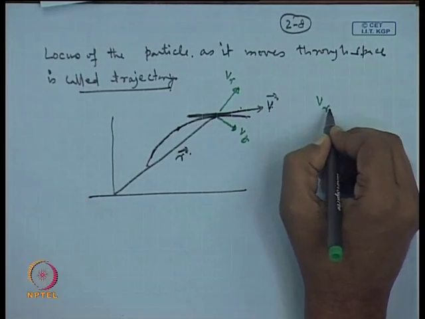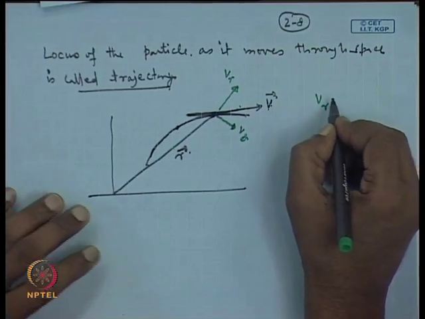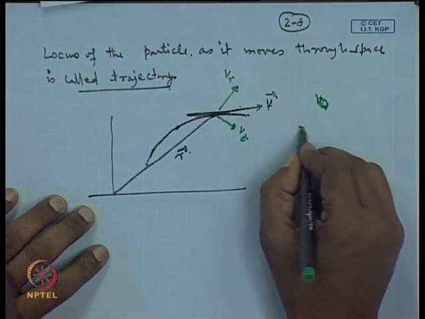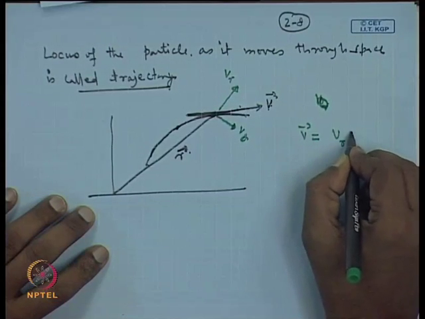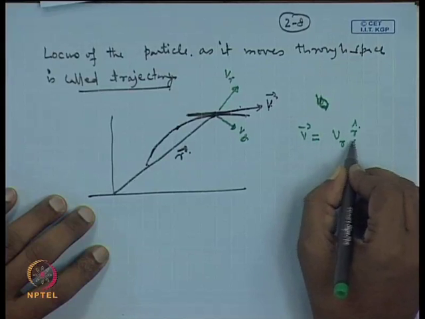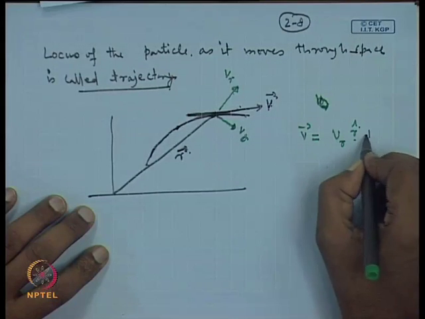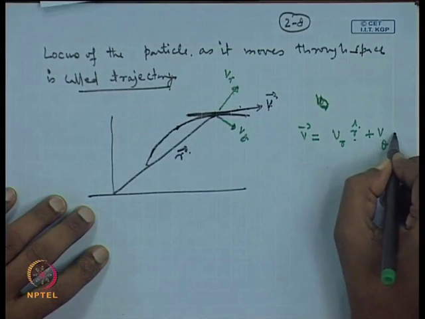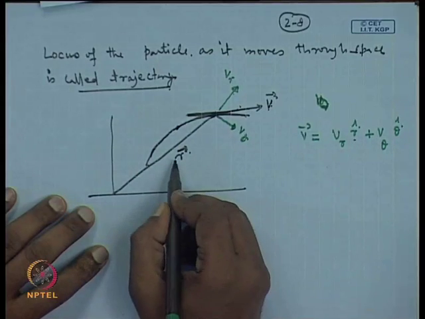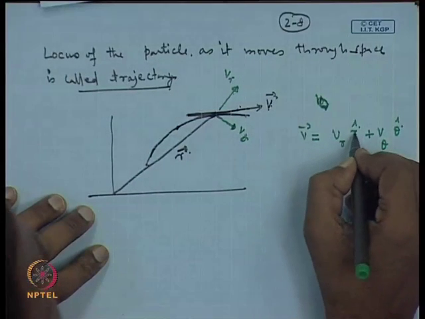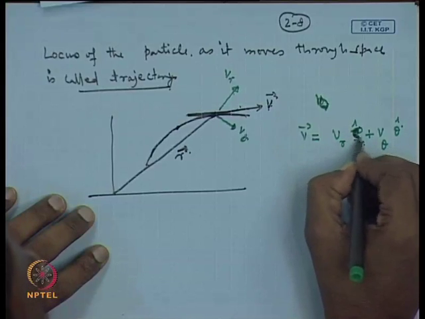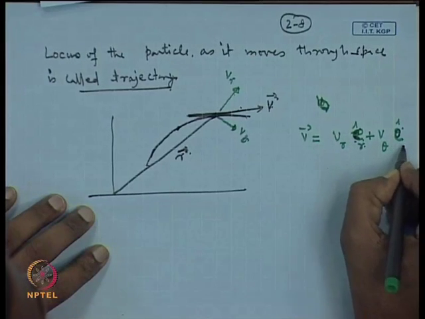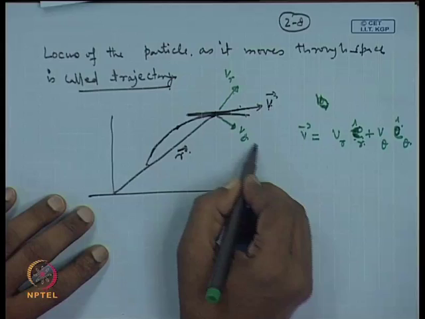So, V can be written as V r times r cap, where r cap is the unit vector in the r direction, plus V theta times theta cap. Here we can use the same notation as E, indicating E r and E theta as the unit vectors.